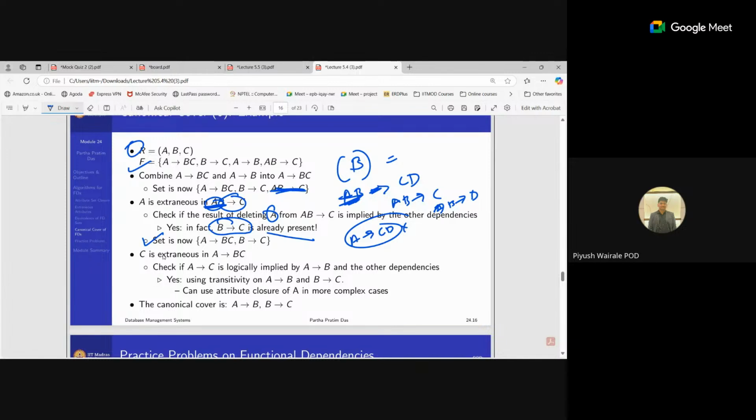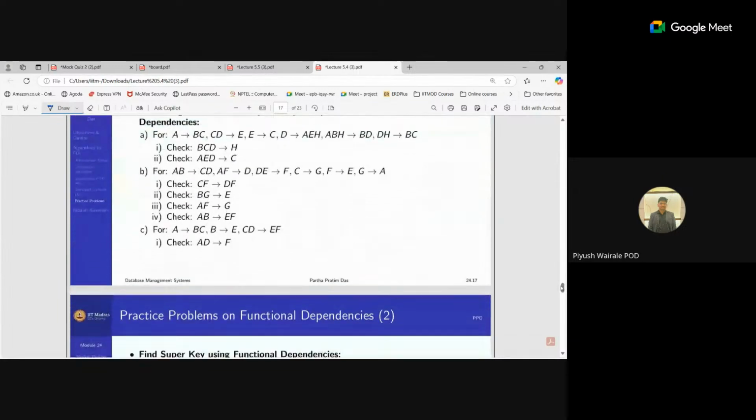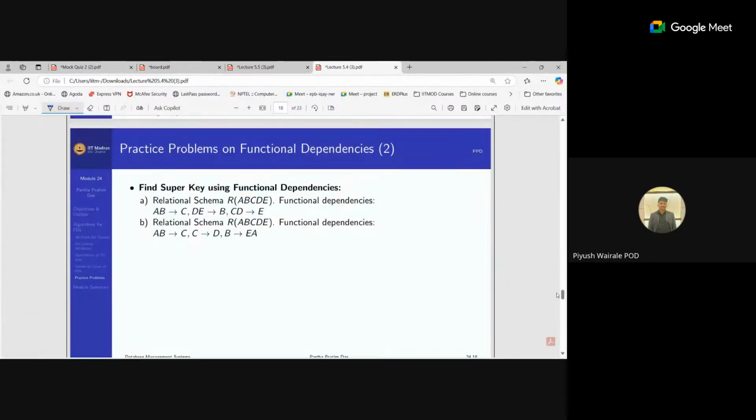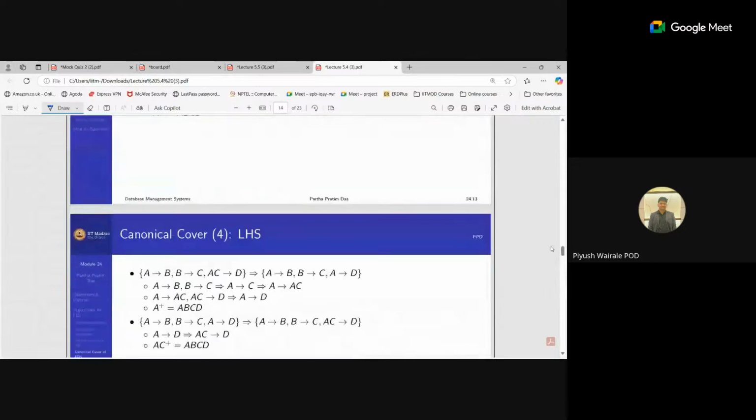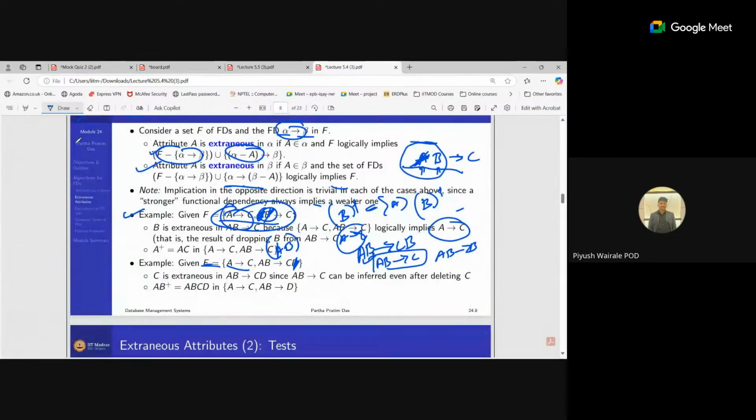So try to solve a few examples. Just watch the lectures; I think the professor has explained it here. In this also, it's basically finding a candidate key. So just go through this slide, that will be good enough for extraneous attributes.